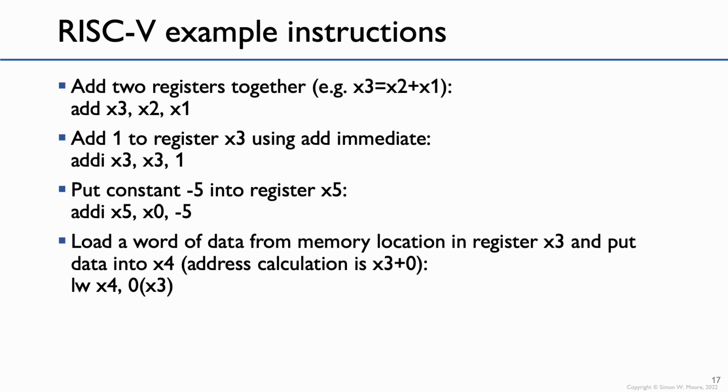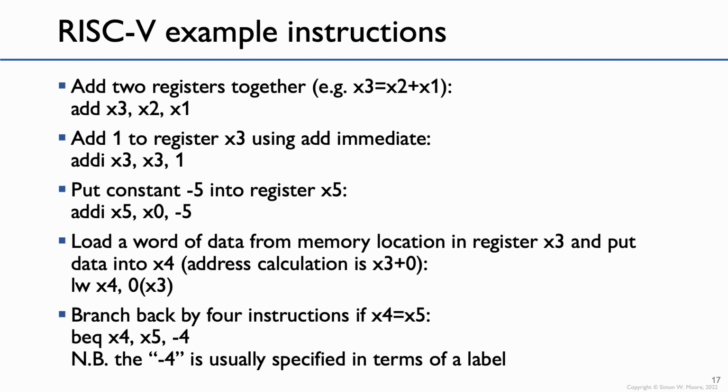And here we've got a simple example of loading using x3 as the address, and we're adding 0 to it. And the format, which I always think looks slightly weird, but this is what's often done in assembler, is 0(x3), which means basically x3 plus 0, and the result from the load word, lw, goes into register x4.